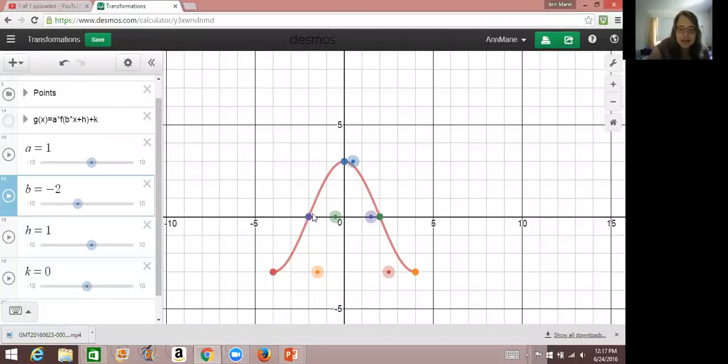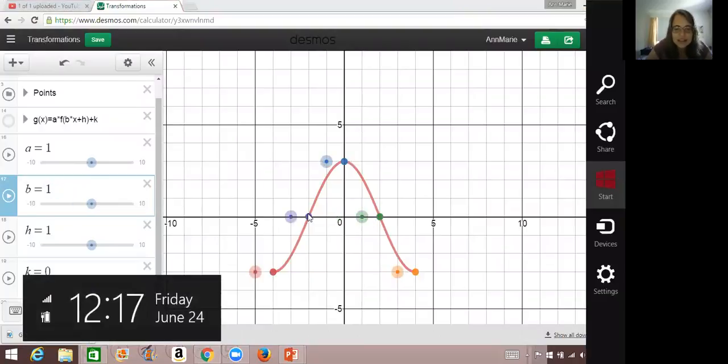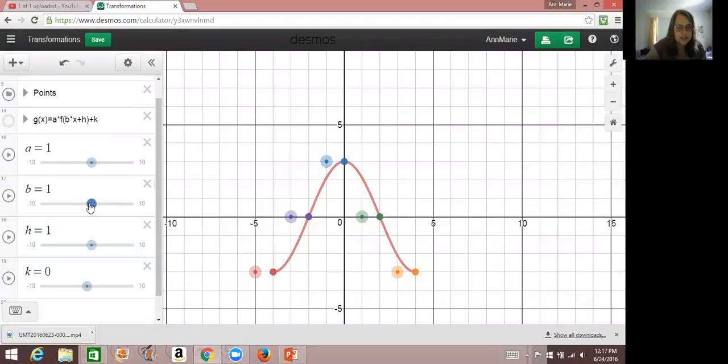So my purple point that started out on the left here, it moves. So let's just move my points. So see everything moving? And they swapped sides. So they crunch in, and the points that were on the left moved to the right, and the points that were on the right moved to the left.